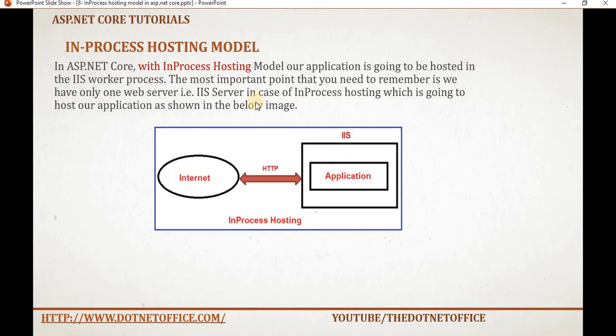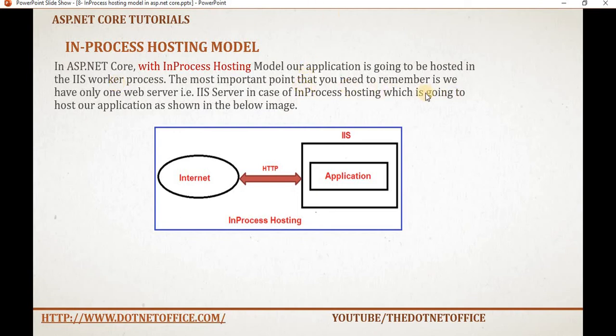Basically in ASP.NET Core with the in process hosting model, our application is going to be hosted in the IIS worker process. The meaning of that is, when we create an application and use the in process hosting model, then we can host that application only on the IIS worker process.